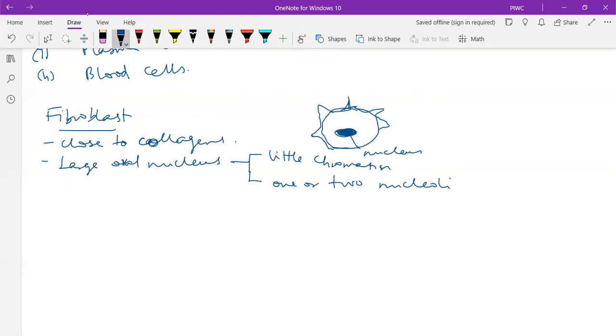So the main role is to produce collagen fibers.